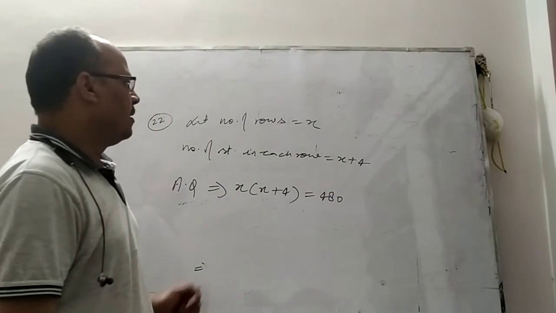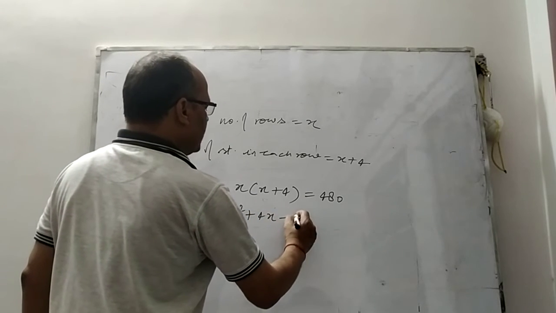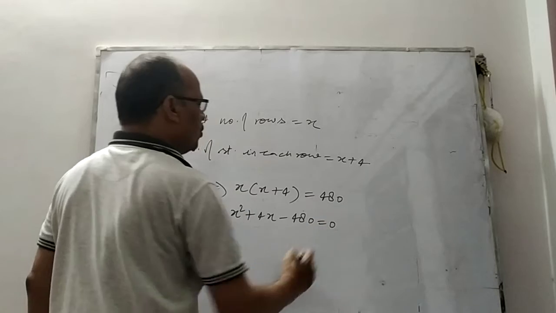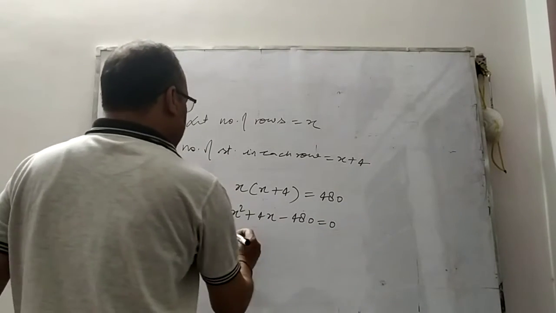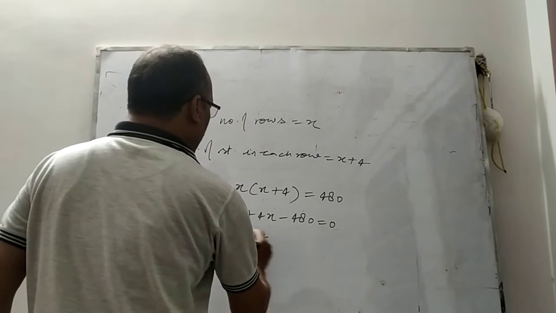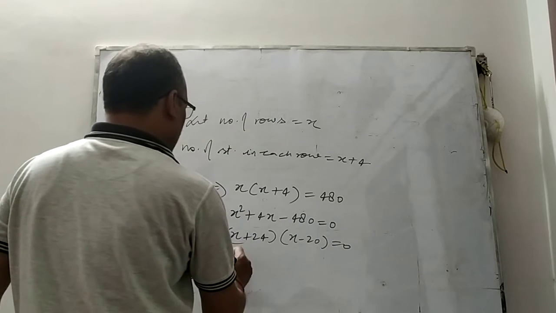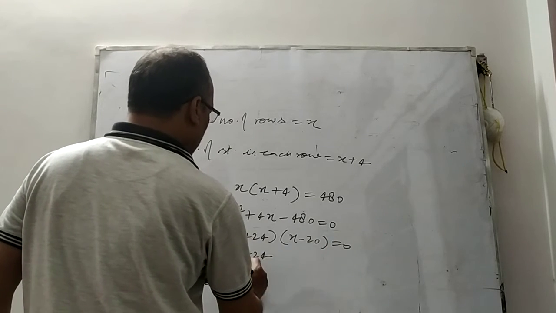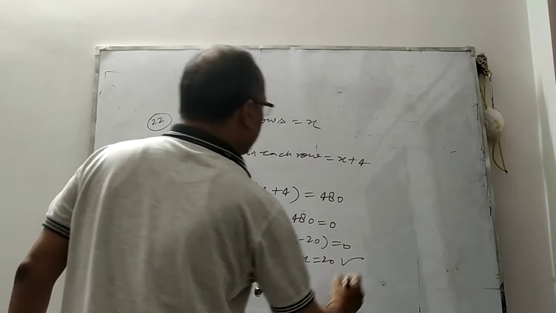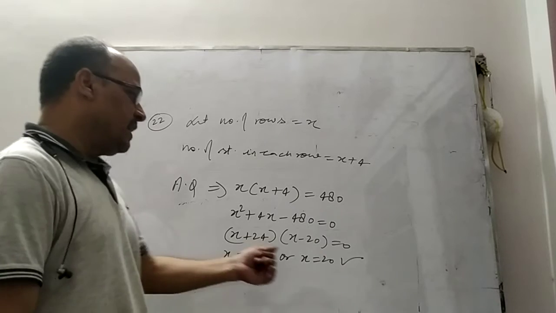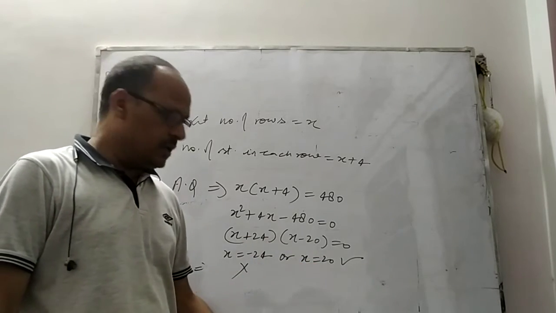This is clear? So x square plus 4x minus 480 equal to 0. So you will factorize: x plus 24 or x minus 20 equal to 0. So x equal to minus 24 will not be considered, and x equal to 20 will be considered. So how many rows are there? 20 rows. How many students in each row? 24 students.